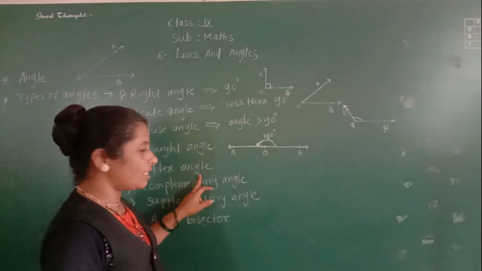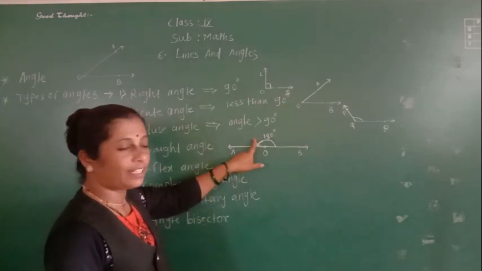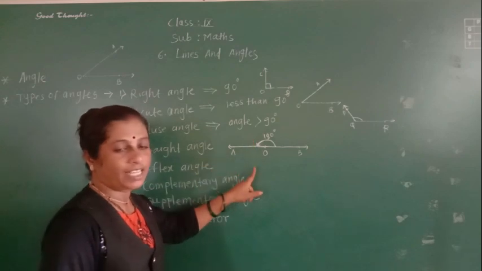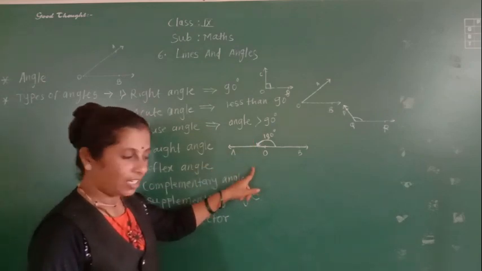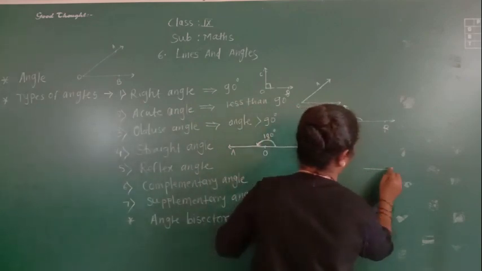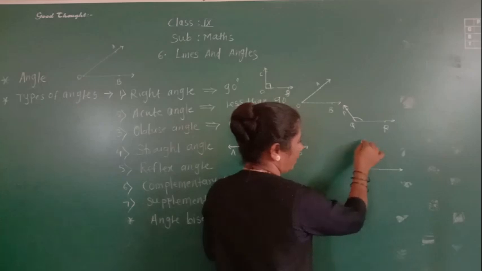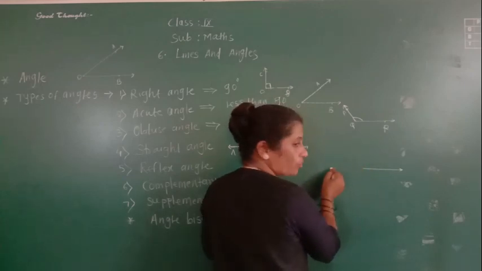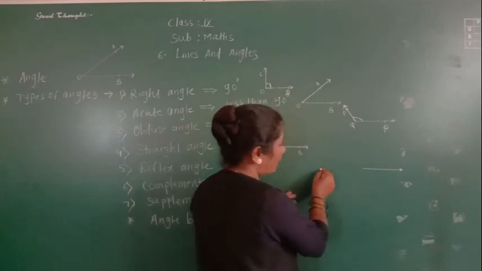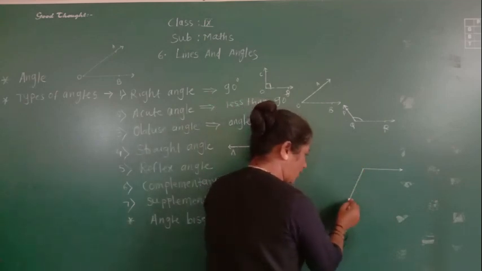Next, reflex angle. A reflex angle is an angle whose measure is greater than 180 degrees but less than 360 degrees. Understood? So here the figure will come this way for the reflex angle, greater than 180 degrees. 180 degrees means your straight line, right? And greater than 180 degrees means the figure forms like this.